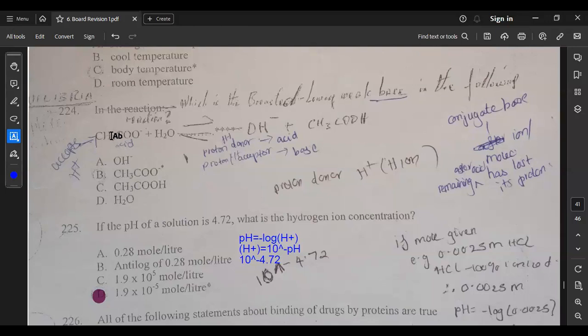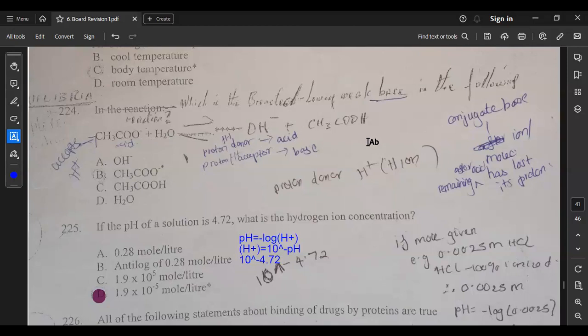So you have this, what is it? Ethanoic acid. It's not the full acid, it's just the conjugate base, plus water, gives you the hydroxide ion and ethanoic acid.